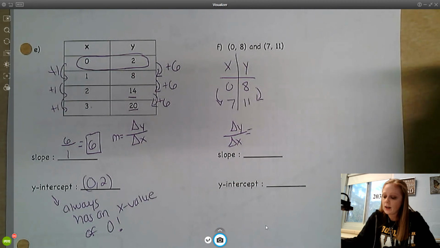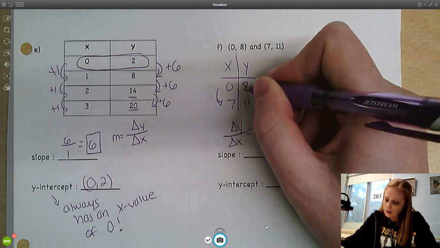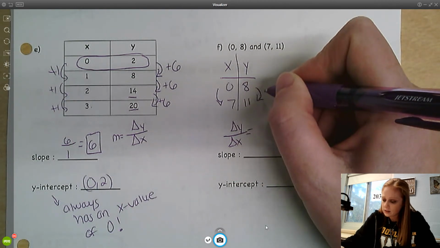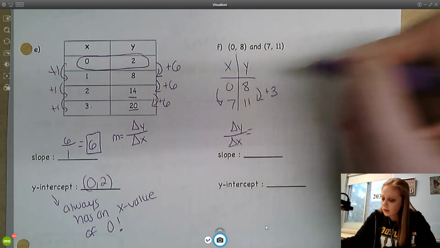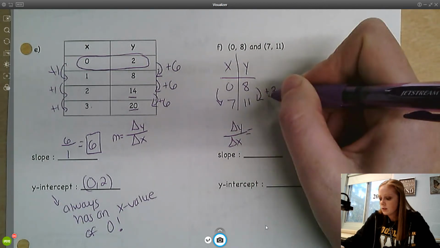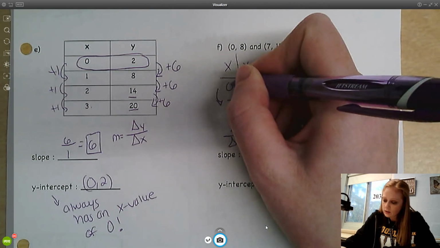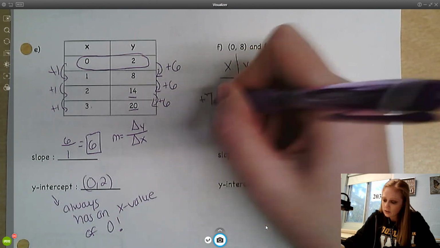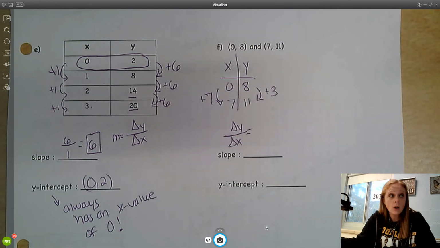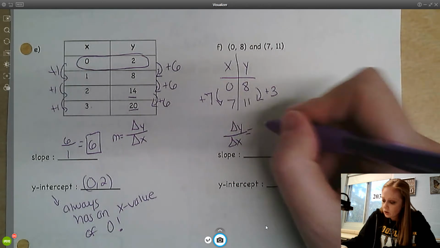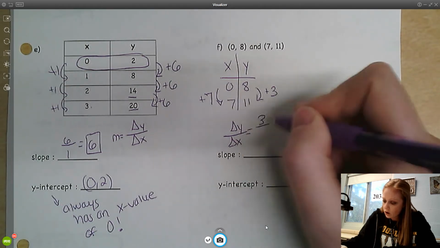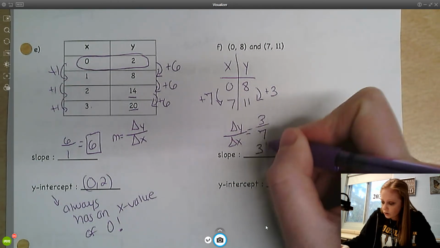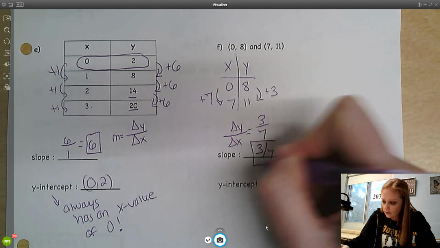If you can't figure that out, just go backwards and subtract. 11 minus 8, you're going to figure out that it is 3. 8 plus 3 is 11. To get from 0 to 7, I have to add 7. Wasn't sure, so 7 minus 0, and you get 7. So our change in y is 3. Our change in x is 7. So our slope is 3 over 7.